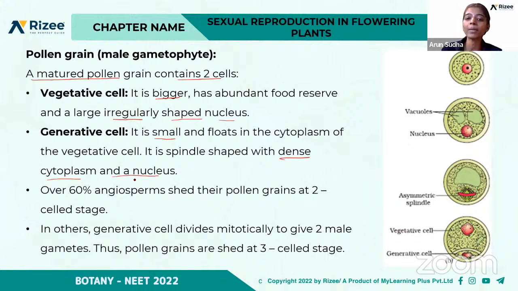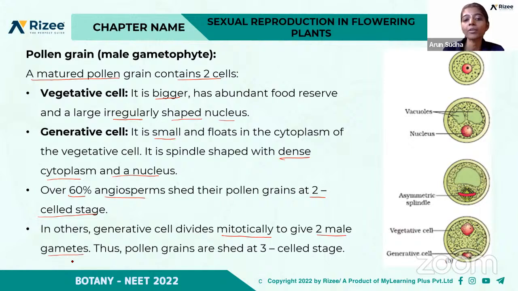In many of the angiospermic plants, we know that there occurs the shedding of pollen grains. Usually at the 2 cell stage, one a vegetative cell and another a generative cell, they shed their pollen in 60% of the angiospermic plants. But in others, the generative cell, the small cell, divides again mitotically to give rise to 2 male gametes.